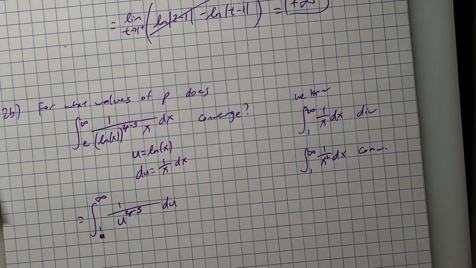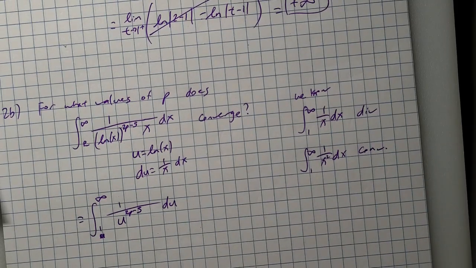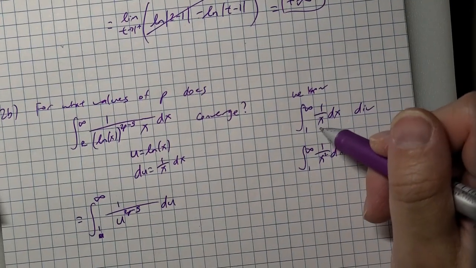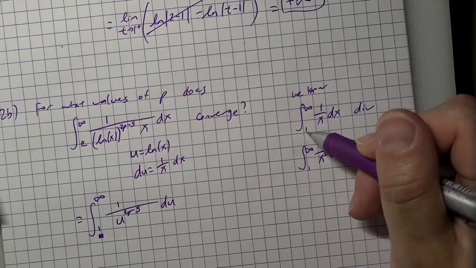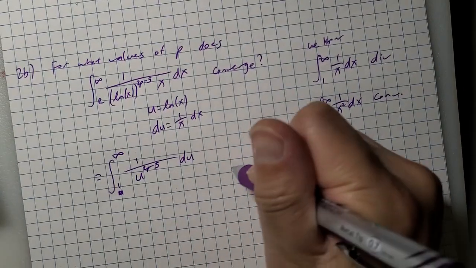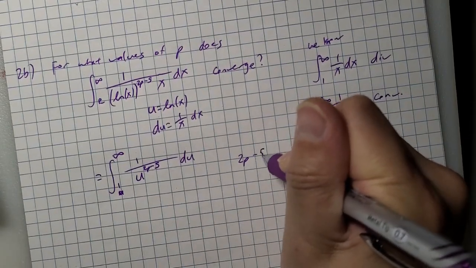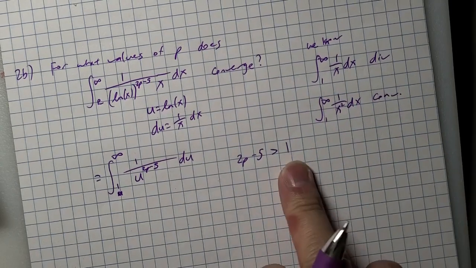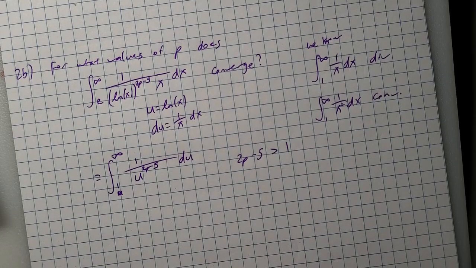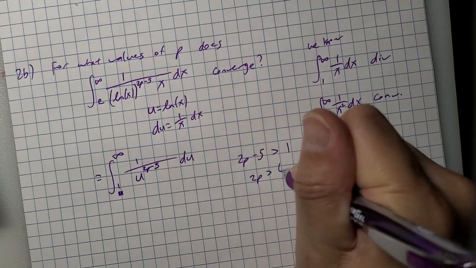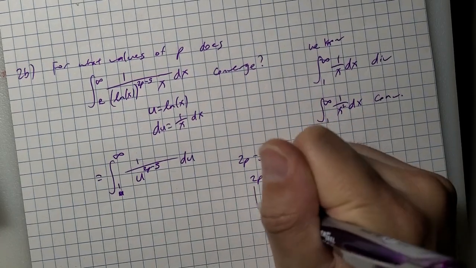Okay? And actually, everything bigger than 1, so in between 1 and 2, as long as it's bigger than 1, it actually converges too. So we know that 2p minus 5 has to be greater than 1. Cannot be 1, so no equal sign. Has to be greater than 1. So 2p is greater than 6, or p is greater than 3.